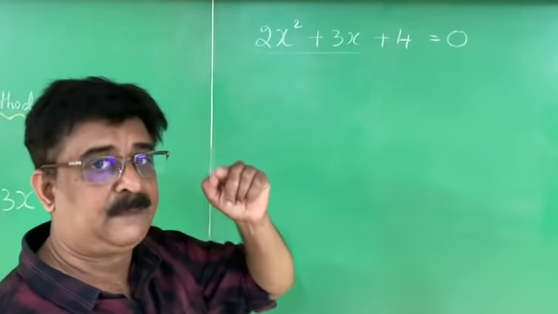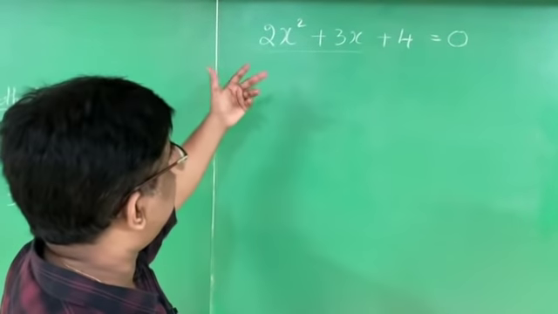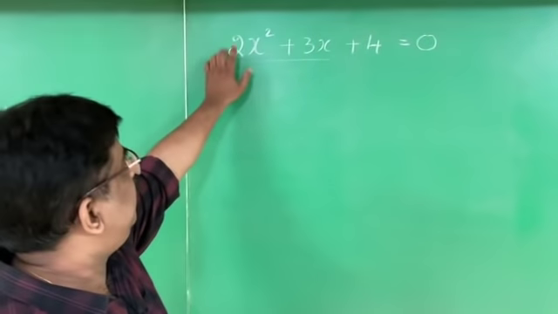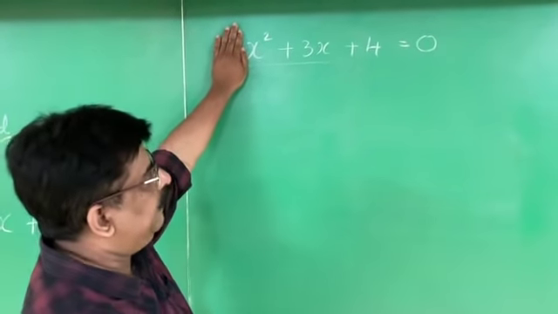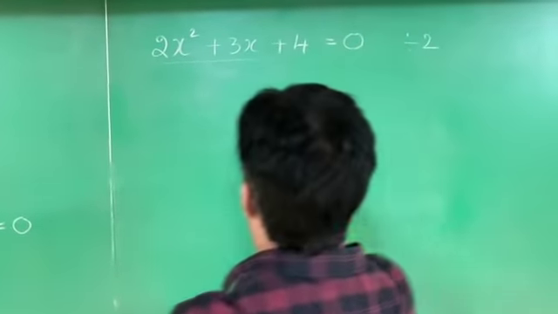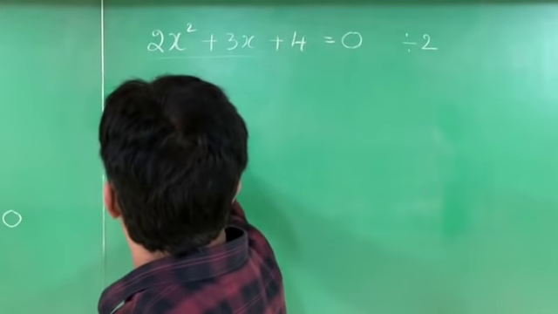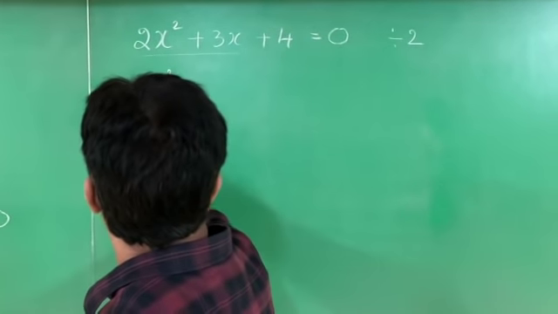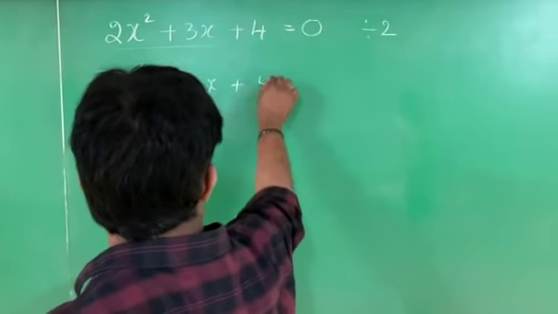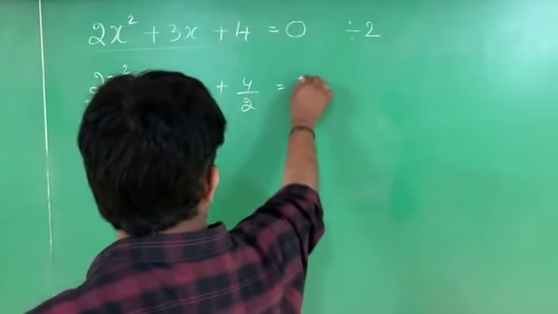There is a one step addition. One extra step is there, because here the coefficient of x square is 2. You have to eliminate this number. To eliminate this number, first step is divide the equation by 2. Then it becomes 2x square by 2 plus 3 by 2x plus 4 by 2 is equal to 0 by 2.